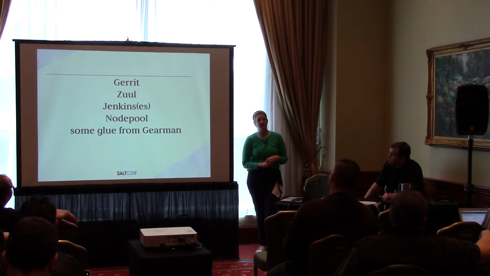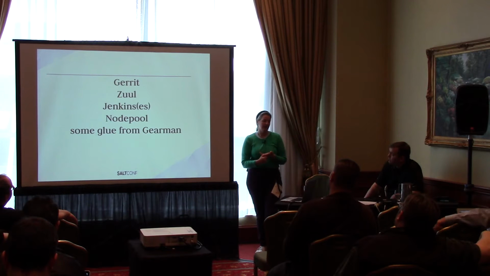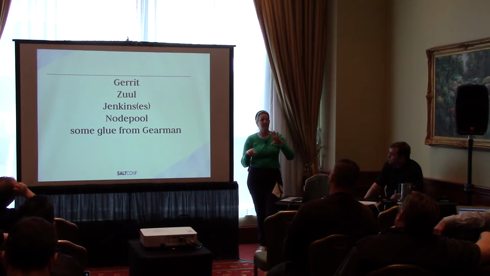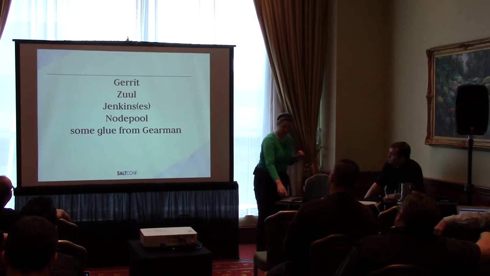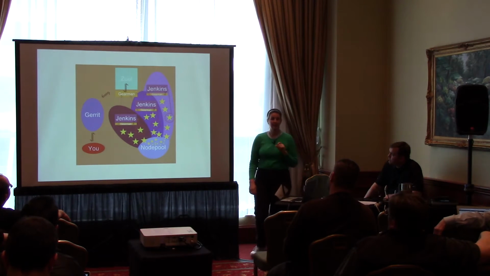We started out with 1 Jenkins, then we moved to 3. We were 5 the first week of January, and last week we moved to 8. So we're now 8 Jenkinses. We have a tool called NodePool, which again was written in-house, and some glue from Gearman. So we'll see that in the graphic. So, pretty wild graphic.